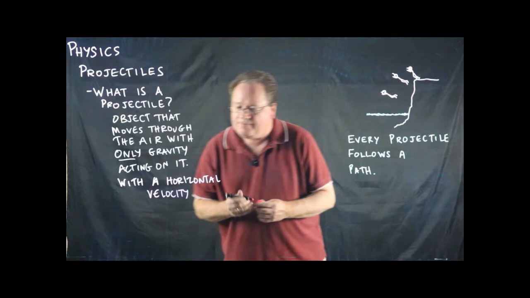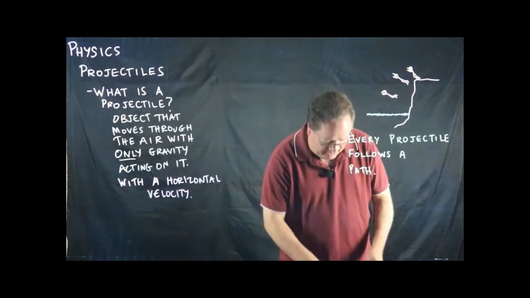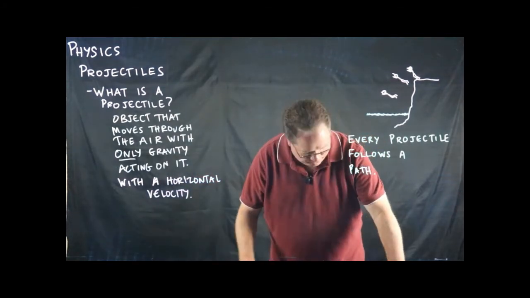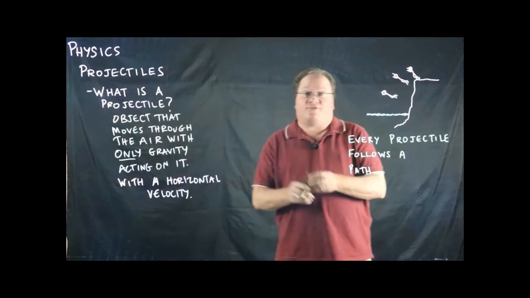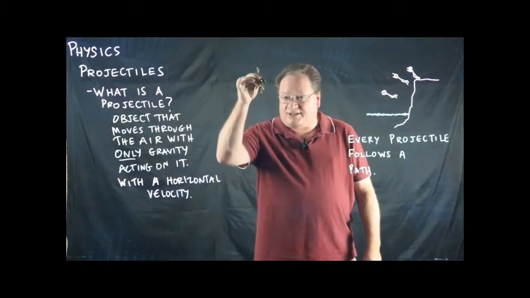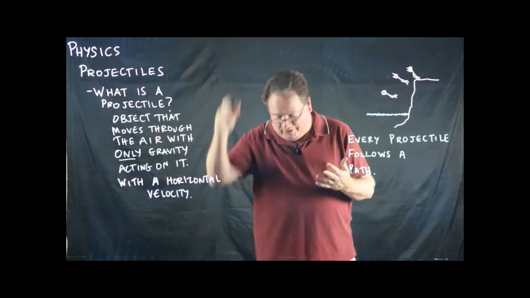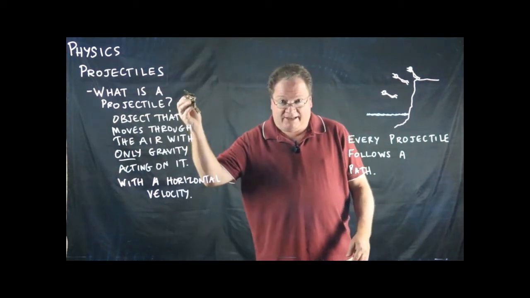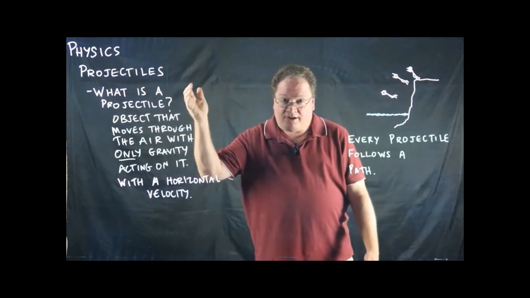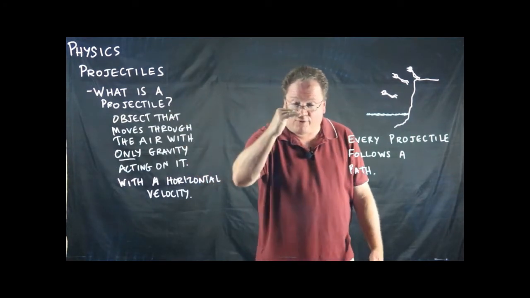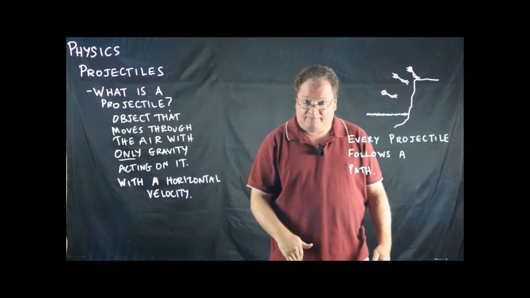So basically, apart from the horizontal velocity, it is just free fall. A projectile is essentially vertically moving, just like it's in free fall. The only difference between free fall and a projectile is the projectile has a forward motion. It's moving forward while it's falling.